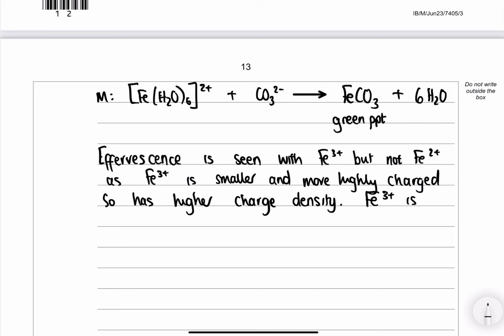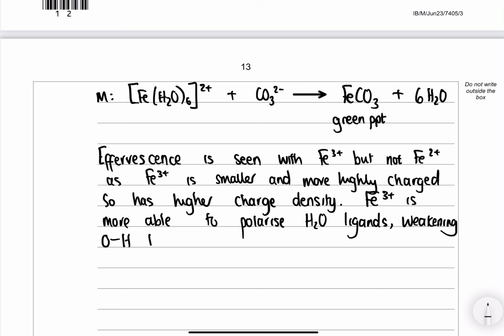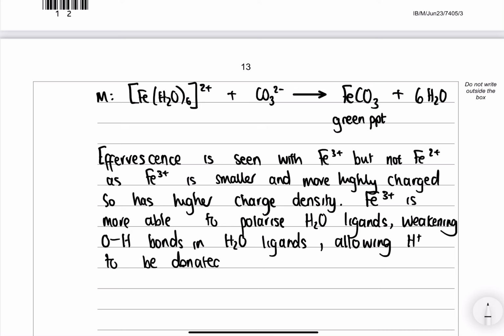Fe3 plus is more able to polarize H2O ligands, weakening OH bonds in the water ligands, allowing H plus to be donated.